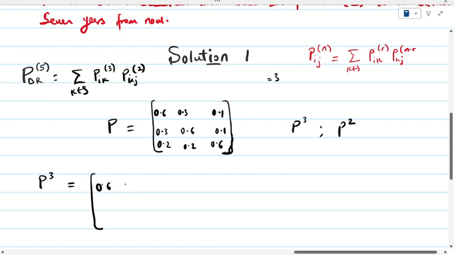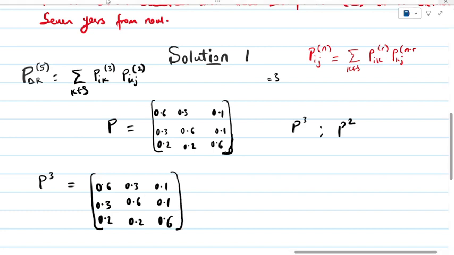You can do that by multiplying it three times. Because I need P to the power 3, first of all let me find P raised to power 2.